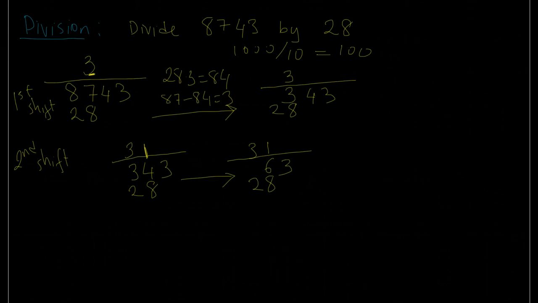Okay, so then we do one more shift, again where we move the bottom number to the right. And we ask now how many times 28 goes into 63. And it is easy to see that it goes 2 times.